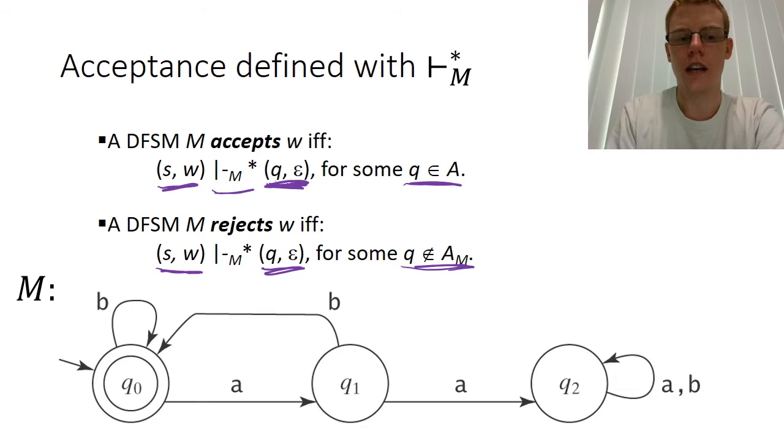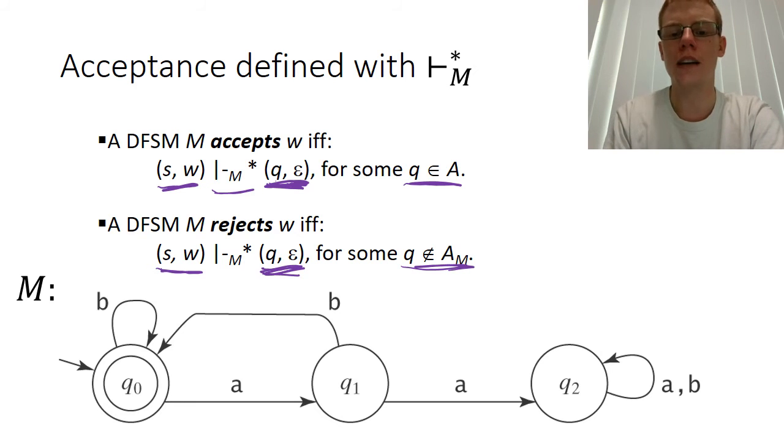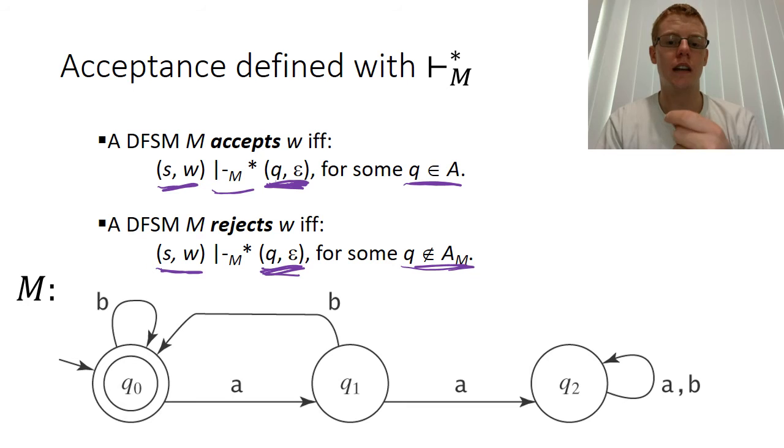So if there is no such relation between the initial configuration and some accepting configuration, then there has to be a relation between the initial configuration and some configuration with no more input remaining, where the state is in this set of non-accepting states.